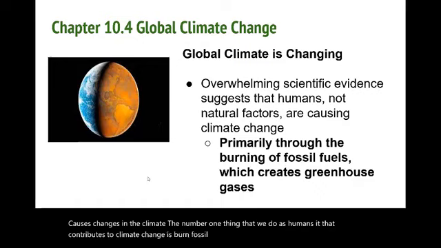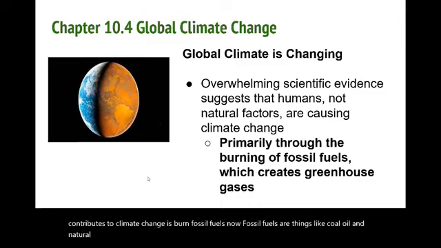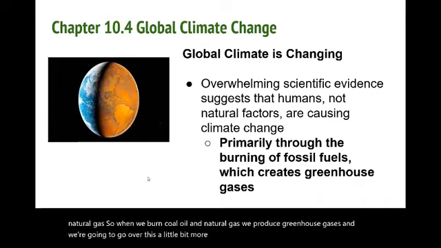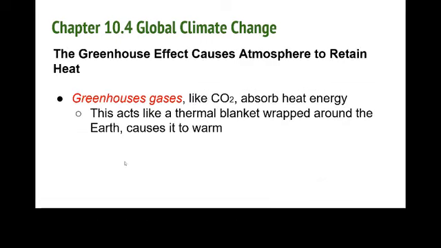Fossil fuels are things like coal, oil, and natural gas. When we burn coal, oil, and natural gas, we produce greenhouse gases. We're going to go over this a little bit more, but the production of greenhouse gases is what leads to climate change.